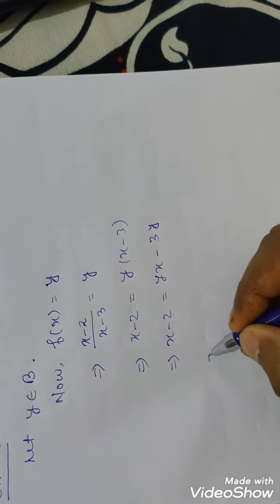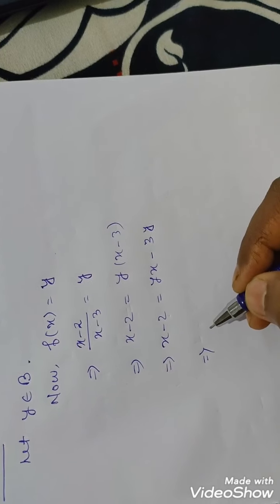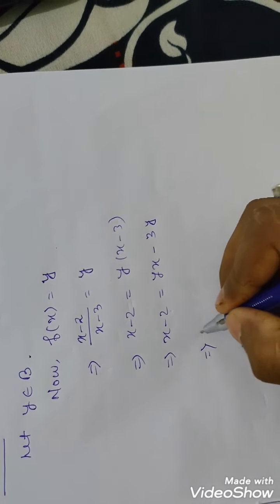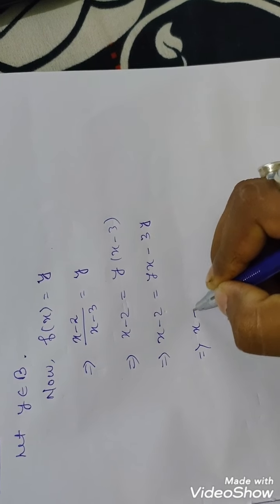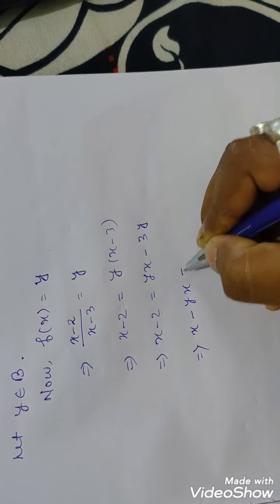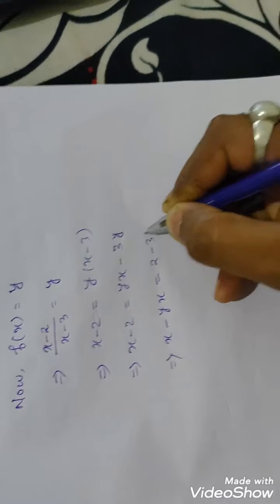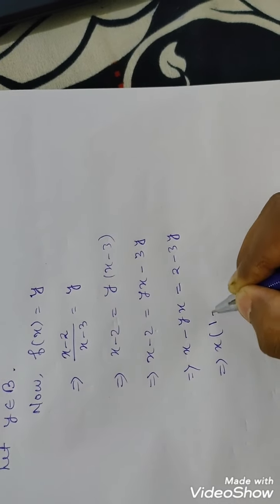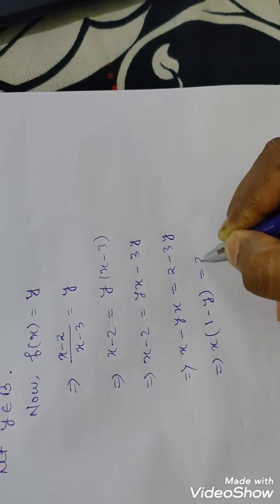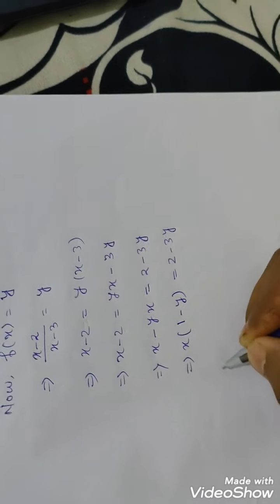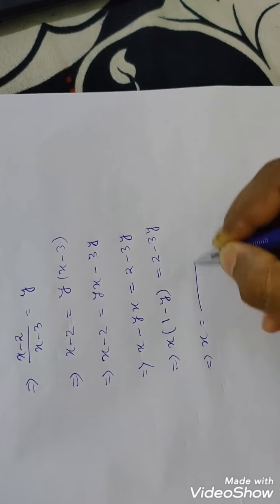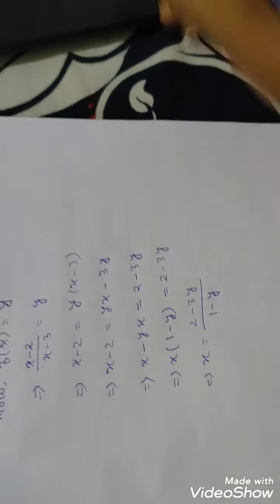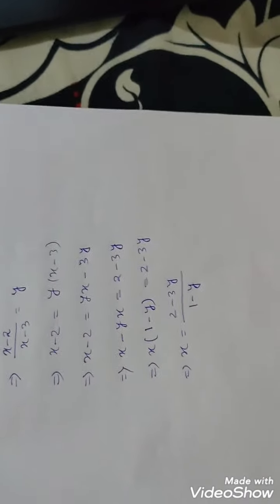So x minus yx is equal to 2 minus 3y. If you take x common, x into 1 minus y is equal to 2 minus 3y. Finally you get x equal to 2 minus 3y divided by 1 minus y.